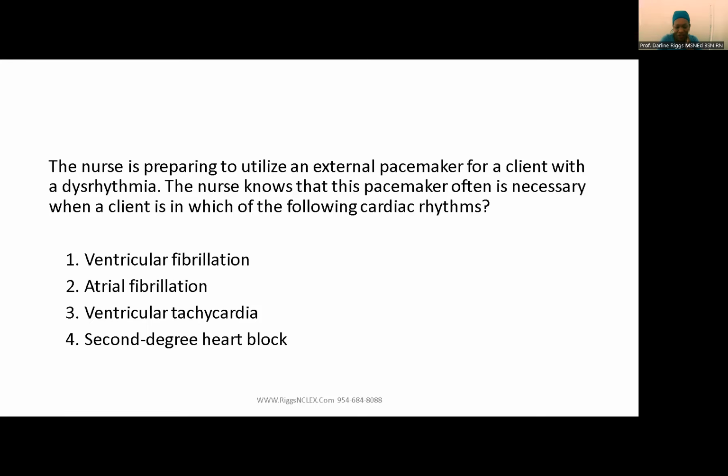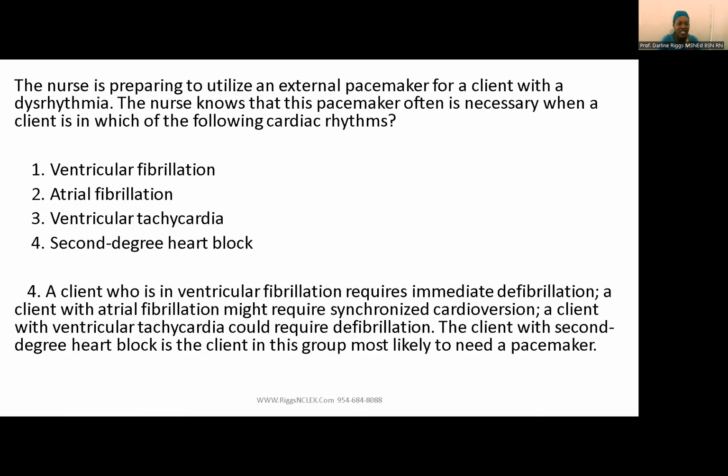So we need a pacemaker for the blocks, okay? Your second-degree heart block. So a client in ventricular fibrillation requires immediate defibrillation. We talked about that. A client with atrial fibrillation might require synchronized cardioversion. A client with VTAC, defibrillation, but a second-degree heart block, pacemaker.